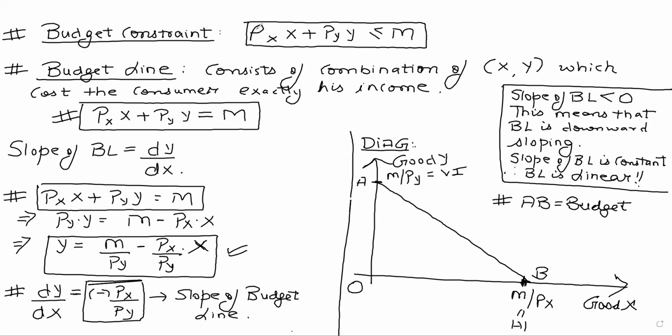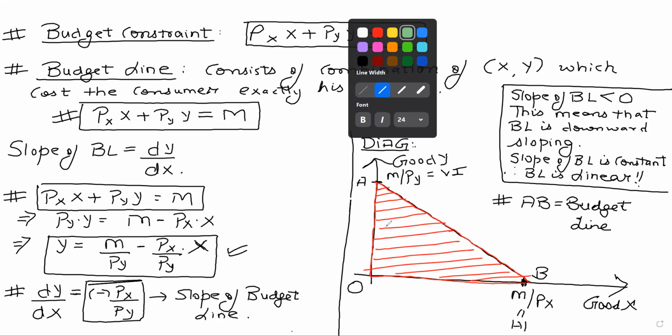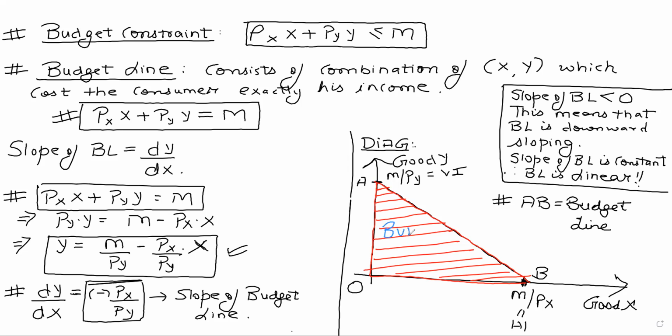And if I talk about the budget set, the whole red shaded area, including this triangle, is my budget set. So I can write it like this, guys. Triangle OAB is our budget set.